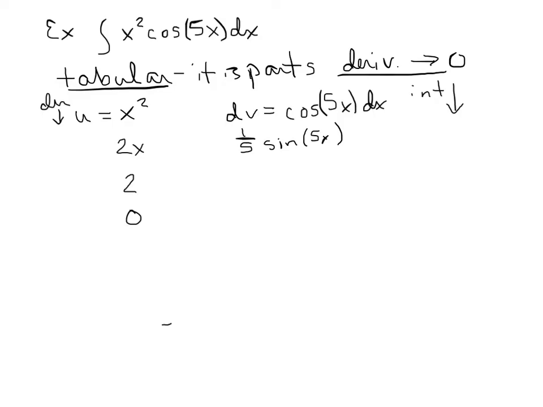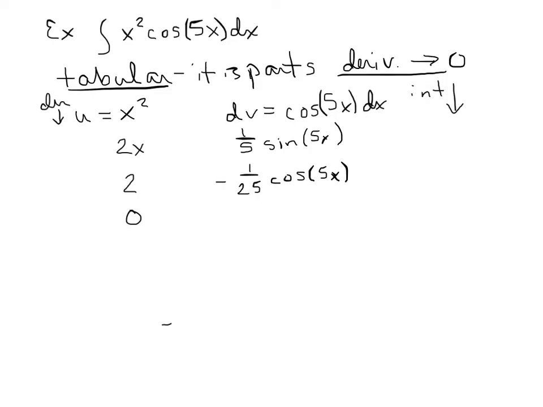Same thing, I'm going to divide by the derivative of the inside part. Integrate again. The integral of sine is negative cosine. And I've got to multiply by the derivative of the inside part. I'm going to get a 1 over 25.